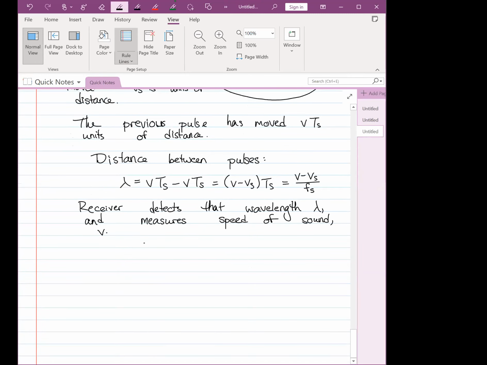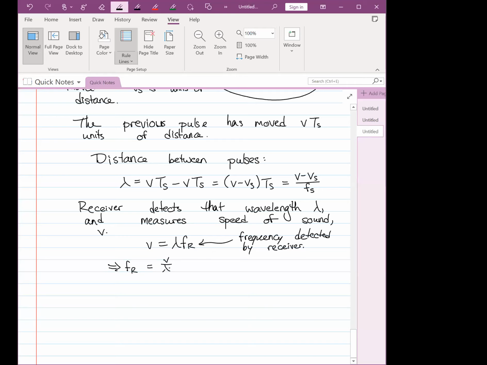So we can use the relationship between frequency, wavelength, and speed of sound to figure out what frequency the receiver detects. This f sub r is the frequency detected by the receiver, and we get that f sub r is equal to v over lambda.